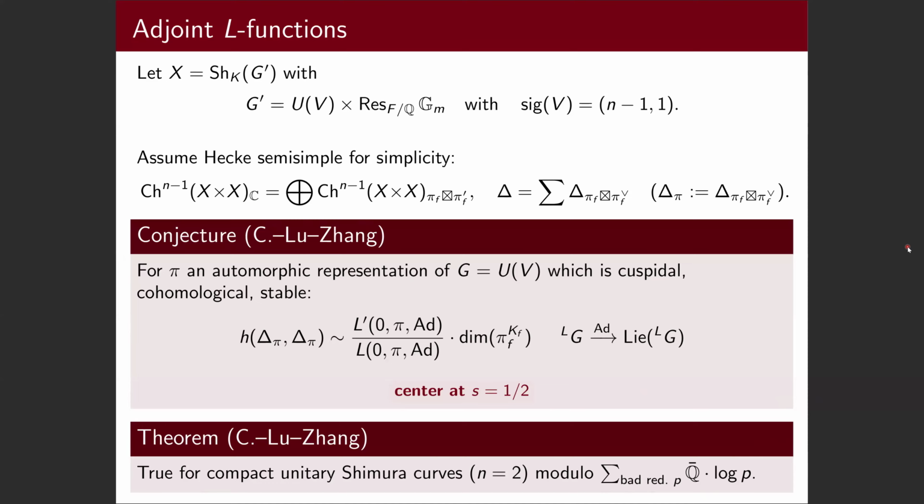Okay, so later in the talk, I'll say more about how we prove this. But before that, I just wanted to mention quickly why it's reasonable to expect that adjoint L-functions have something to do with these diagonal classes, or at least with middle degree cohomology.